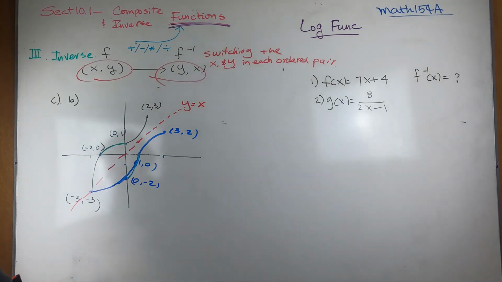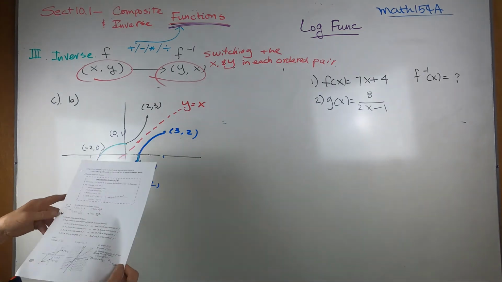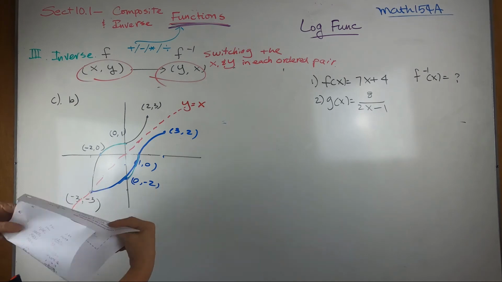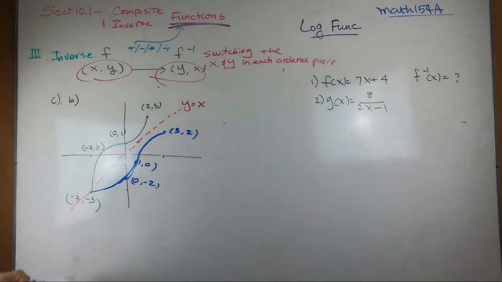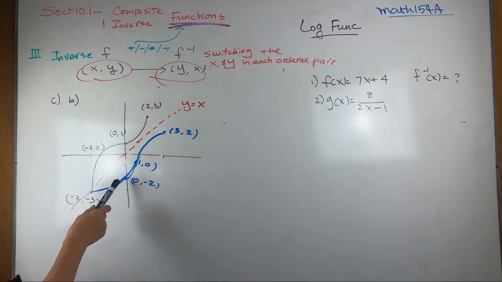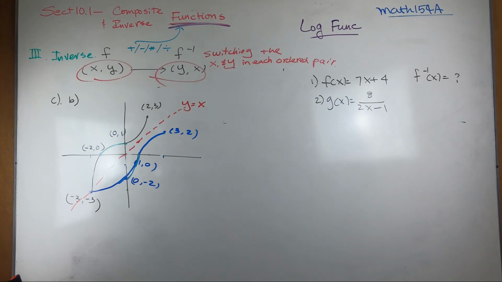Just like, okay, fold, if it's a square thing, then you will just fold diagonally to map your inverse points. Got the idea? That's how you graph the inverse function of the graph.